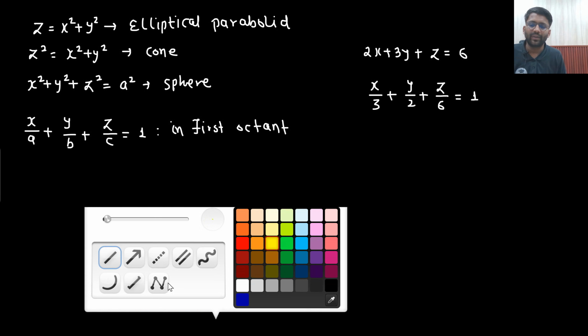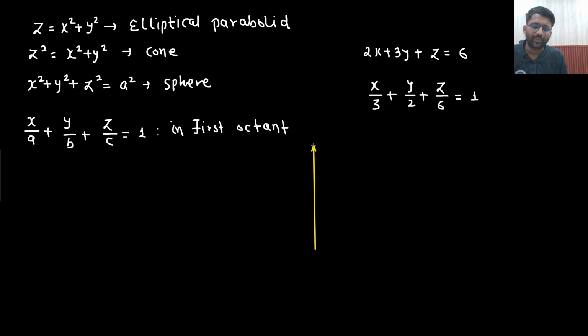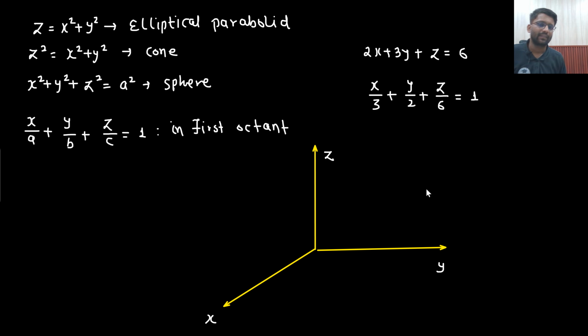What would you do? You would make the x, y, z axes. This is our x, this is our y, this is our z. When you put x equals 3, then y and z have to be 0, because 3 by 3 will be 1. So on the x axis, the point will be 3, 0, 0.